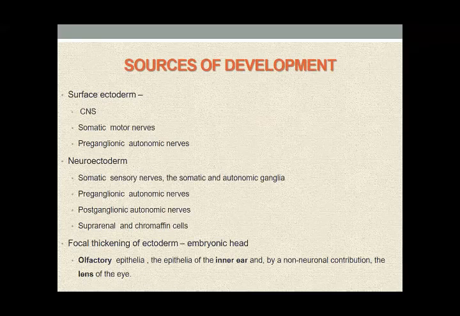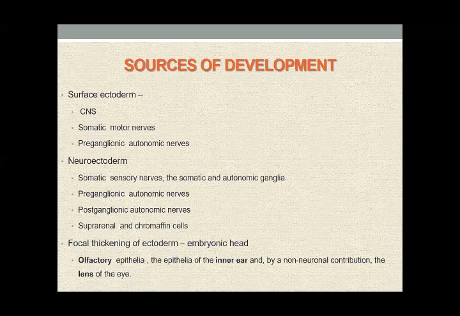Now, what are the different sources from which the nervous system and its different parts develop? As usual, you have surface ectoderm and you have neuroectoderm. In this case, you have two main areas from which the nervous system develops. From the surface ectoderm, we have the development of the central nervous system, the somatic nerves and preganglionic autonomic nerves.